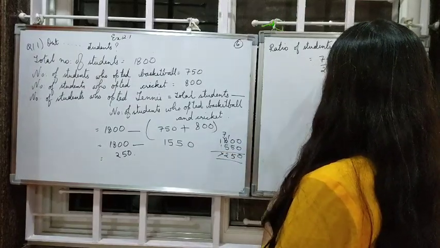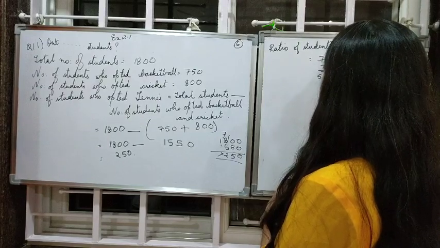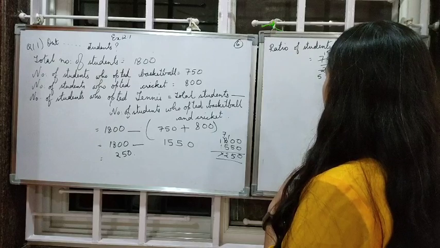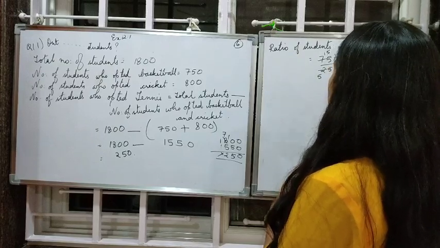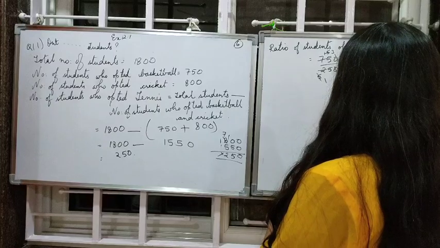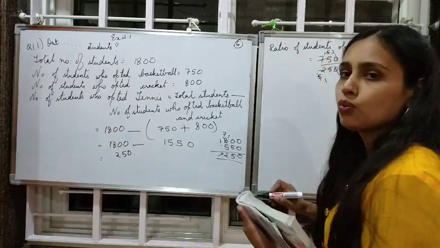The zeros cancel. 5 1s are 5, 5 5s are 25, 5 15s are 75. Again 5 1s are 5 and 3s are 15. So it is 3:1.